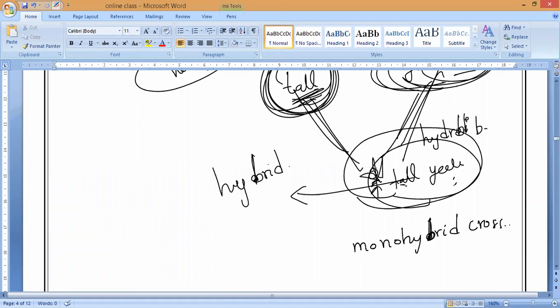Understand, everybody? So first of all, what do you mean by hybrid? Anybody can say? Two different varieties cross each other and produce a new variety, a new form of plant. That is what we call hybrid.